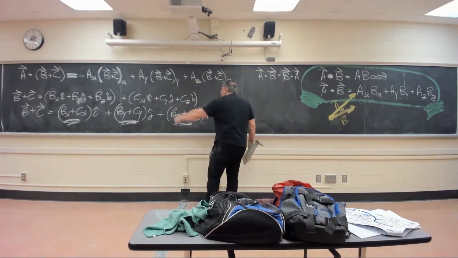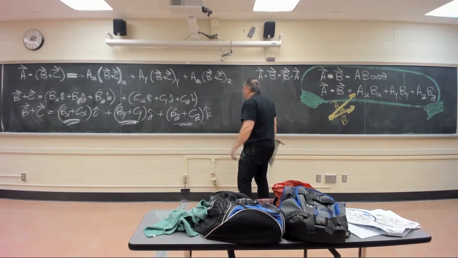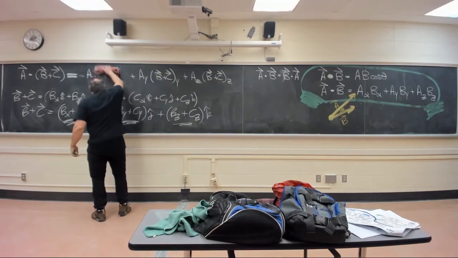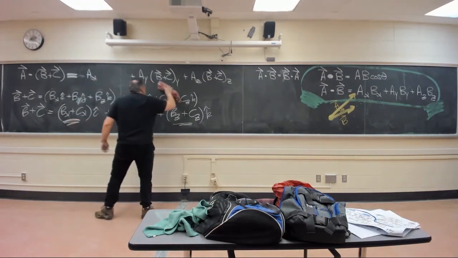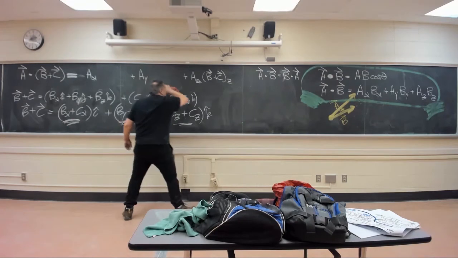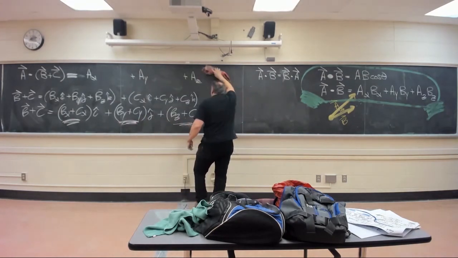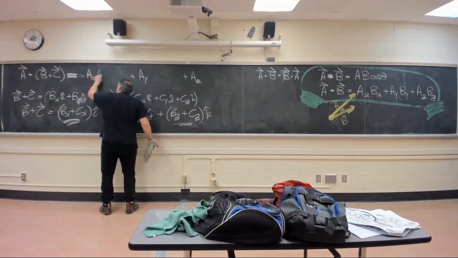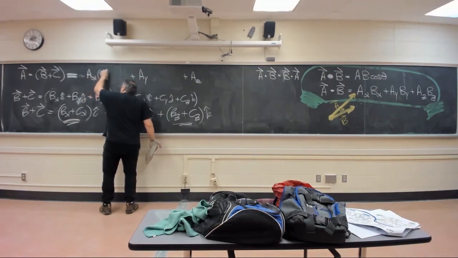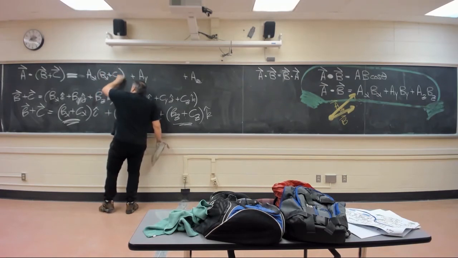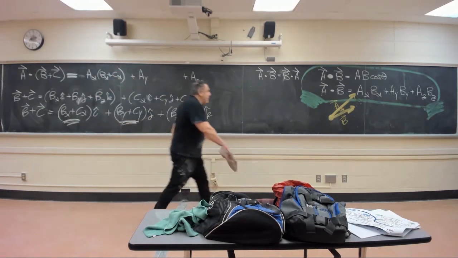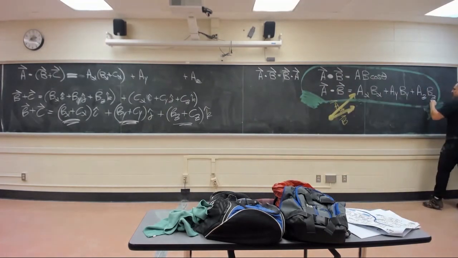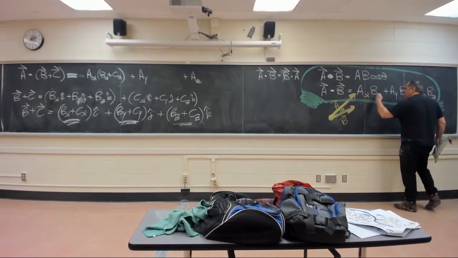I'm not crazy about my notation here, not crazy about it big time, to the point where I'm going to say something else. Awkward as it may be, the notation is the way I constructed it. Let's say this. The x component of this guy is Bx plus Cx in terms of magnitude. And remember, the dot product, ladies and gentlemen, is a scalar. Scalar times scalar, scalar times scalar, scalar times scalar.